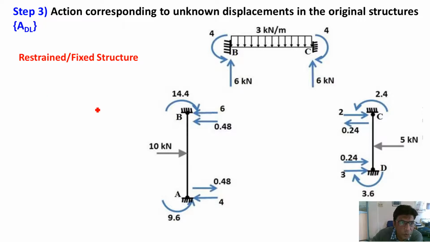Now come to our ADL matrix. Our aim is to write down the ADL matrix. ADL matrix means the actions corresponding to unknown displacements in the restrained structure. What are our unknown displacements?